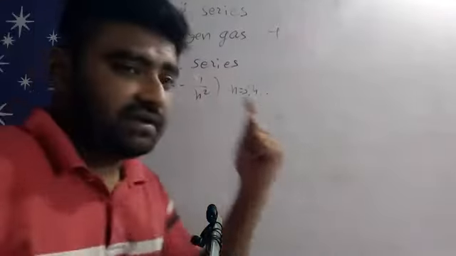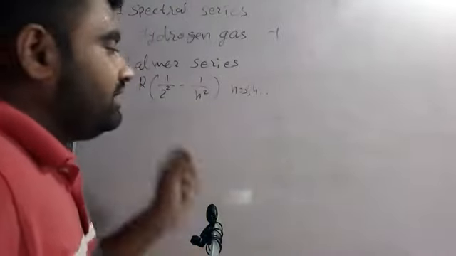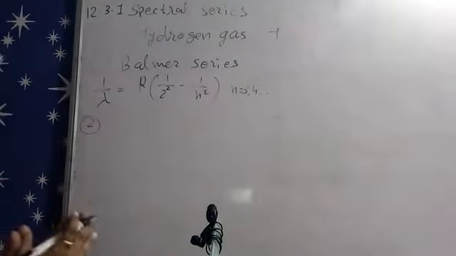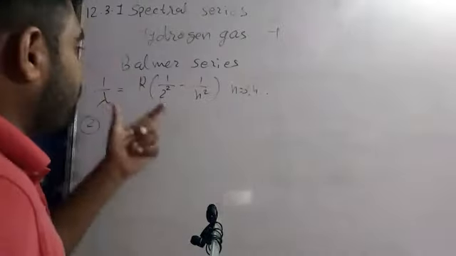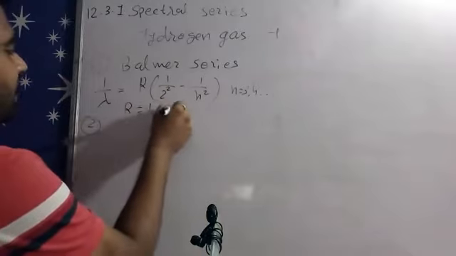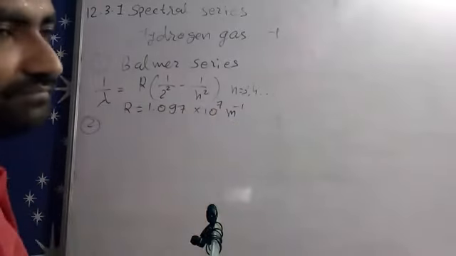This is called the Balmer series. Inside this formula we have R, which is called Rydberg's constant, and its value is fixed: 1.097 into 10 raised to 7 meter inverse.